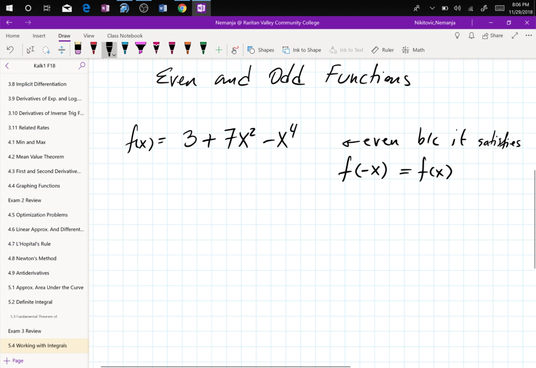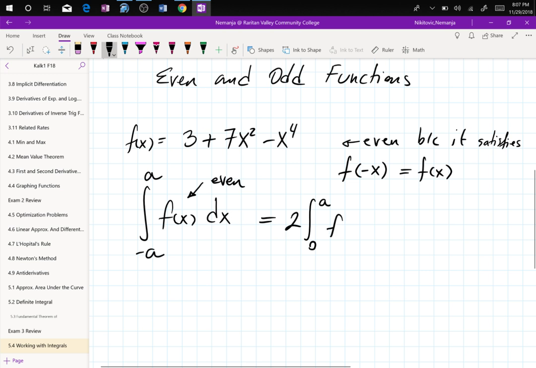And if it's symmetric on the y-axis for integrals, that has a big impact. Because if you have the symmetric interval from -a to a of f of x dx, where f of x is even, then you can simplify the formula, and instead of calculating from -a to a, you can calculate from 0 to a and double the integral.